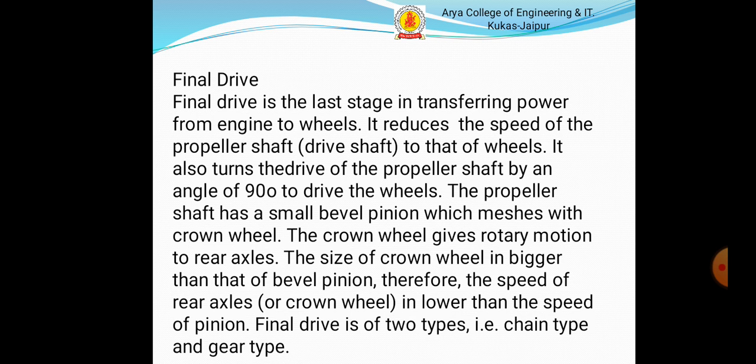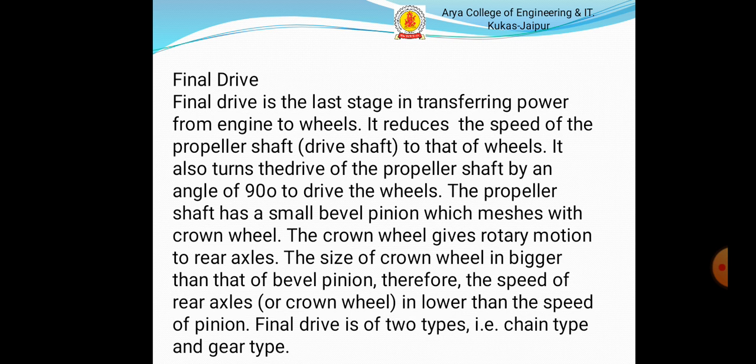Final drive. Final drive is the last stage of transferring power from the engine to the wheels. It reduces the speed of the propeller shaft to that of the wheels. It also turns the drive of the propeller shaft by an angle of 90 degrees to drive the wheels.